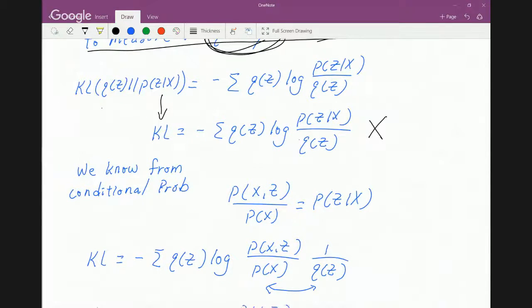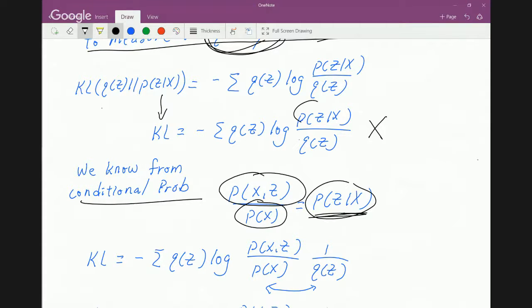Now we know from conditional probability that the conditional is equal to the joint divided by the probability of x. And therefore, notice this is here. I'm just going to plug this in.